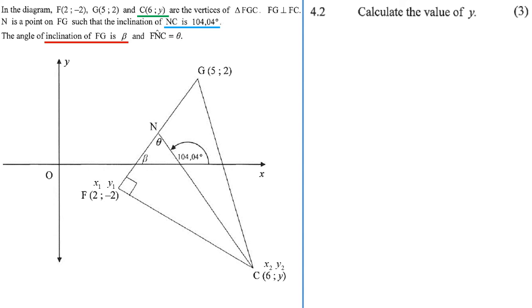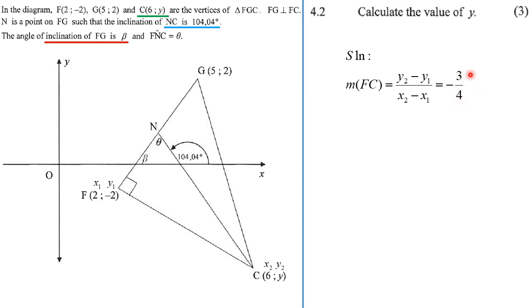Okay, now let's write down our formula. That is the first step. Remember, we are saying the gradient of FC. How do you get the gradient of FC? You will use the formula y2 minus y1 divided by x2 minus x1. This is supposed to be equal to what? The reciprocal. Remember, the gradient of FG was 4 divided by 3. Reciprocal is simple, ladies and gentlemen.